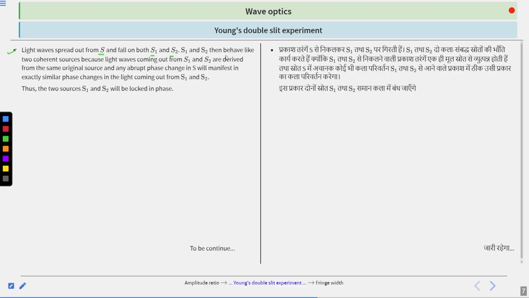S1 and S2 then behave like two coherent sources, because the light waves coming out from S1 and S2 are derived from the same original source, which is the source S. An abrupt phase change in S will manifest in exactly similar phase changes in the light coming out from S1 and S2. Thus, the two sources S1 and S2 will be locked in phase.